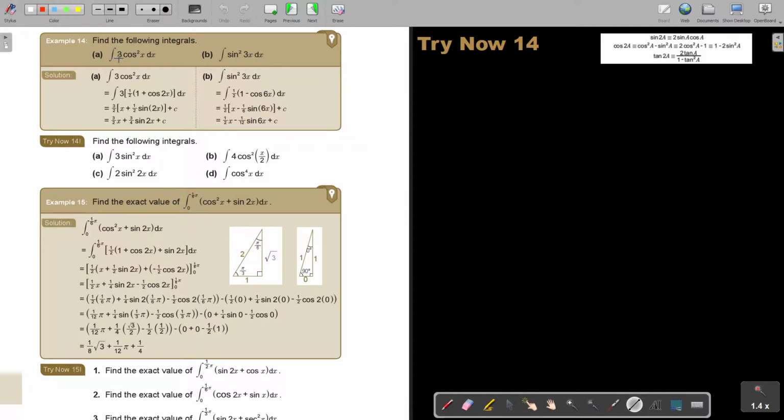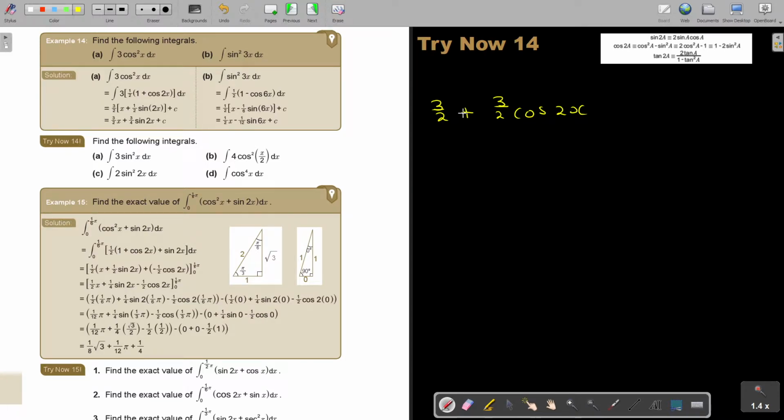This one is easy, just a 3, and in the place of cos squared x, I put half of 1 plus cos 2x. Then I multiply it in. So it's 3 over 2 plus 3 over 2 cos 2x.